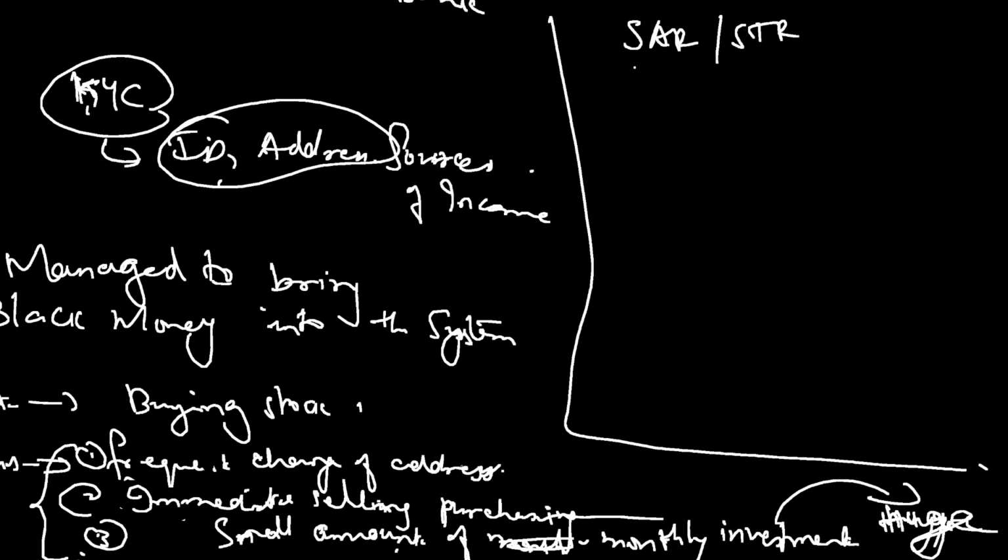Okay, like frequent change of address, because for some reason he's a genuine person, but then for some reason he's changing his address again and again, because he is living on rental basis and he is not liking his owner, and so he wants to change the address. Or immediate selling after purchasing, maybe because he met with an accident, and so he is in need of money immediately, and then he is selling it.